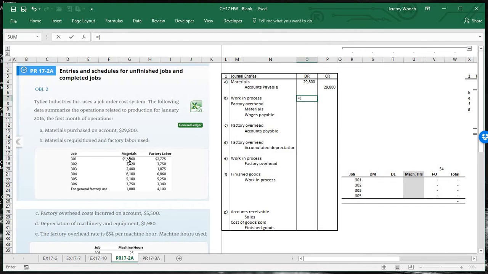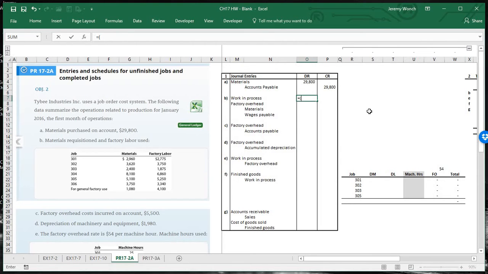Looking at this, because it's job by job, it's all direct materials until we get down to this last one for general factory use. So we have direct materials, and this last one's going to be factory overhead. Same situation with labor: we have direct labor because it's directly related to the job until we get down to this last one, and that's going to be factory overhead.